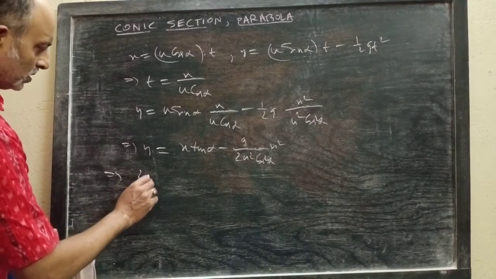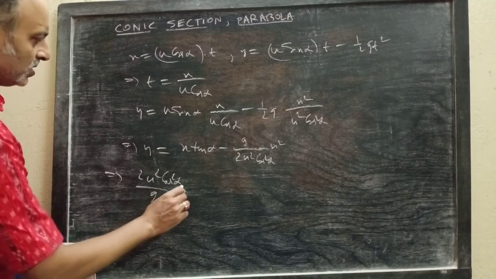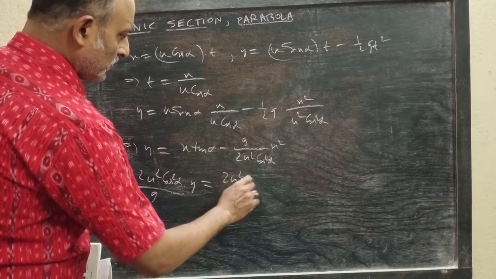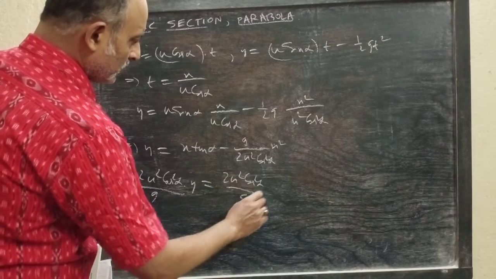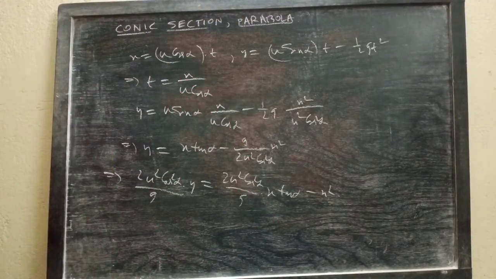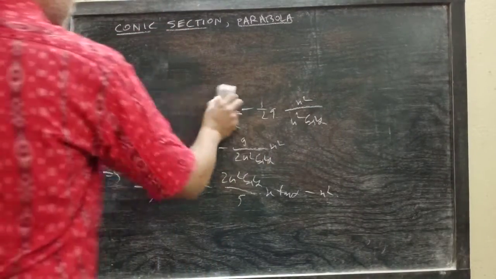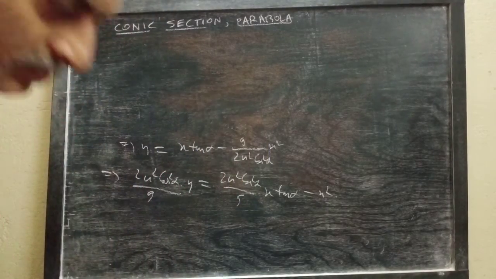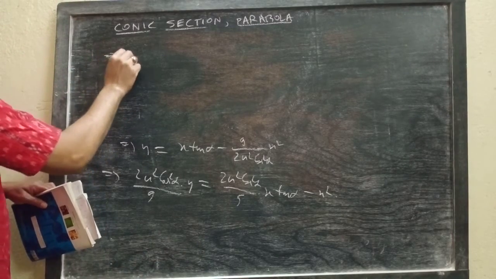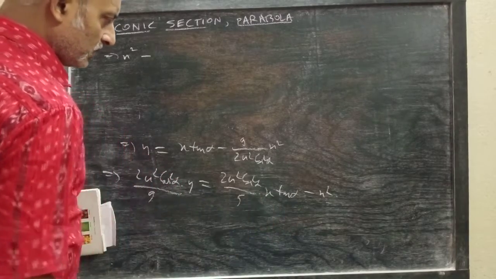Now we get 2u square cos square alpha by g into y equals 2u square cos square alpha by g into x tan alpha minus x square. Then we have x square minus sin alpha by cos alpha.